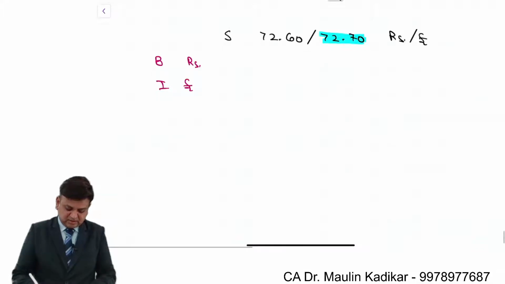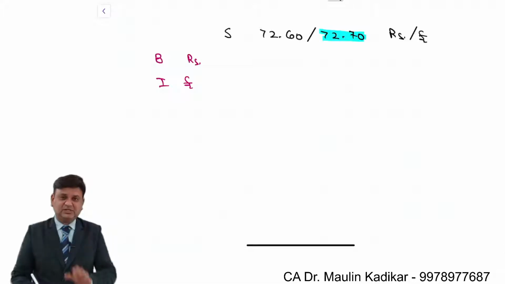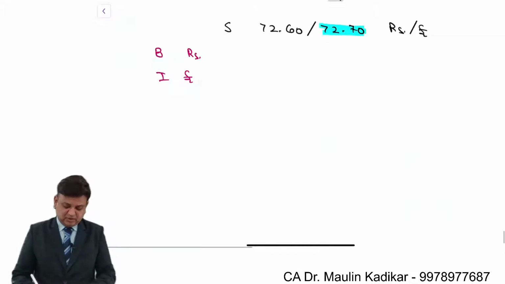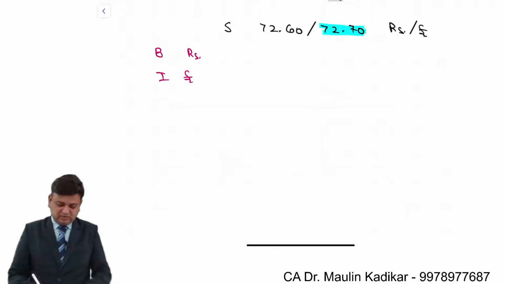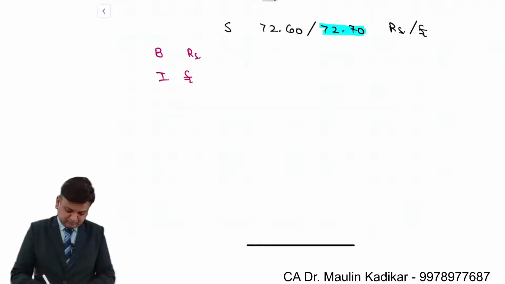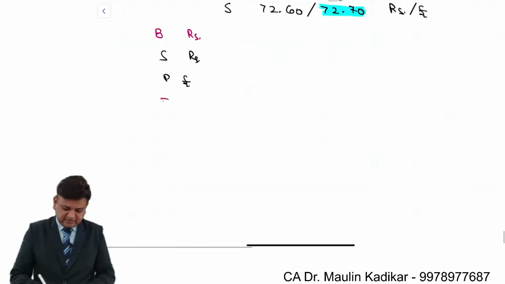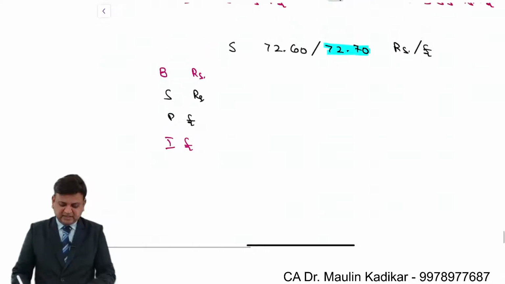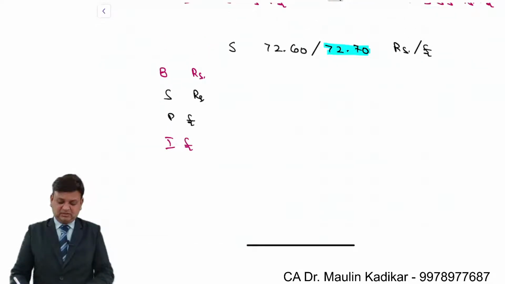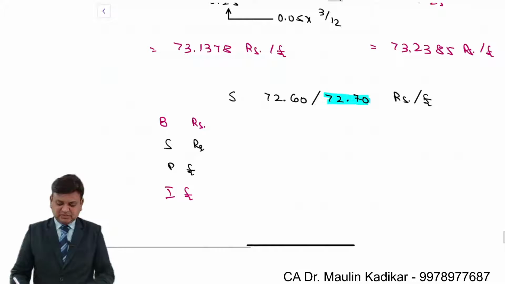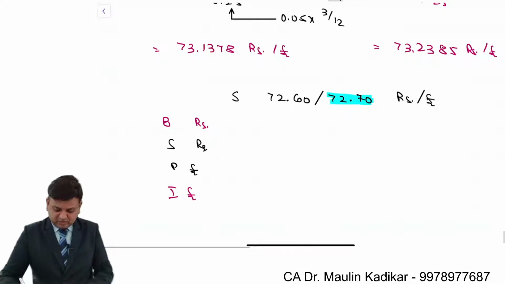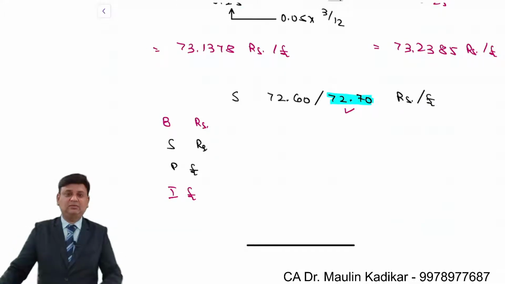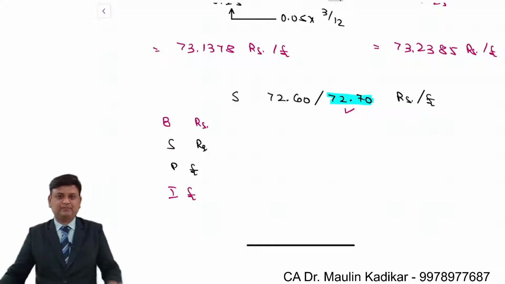This is the transaction in which he is entering upon: borrow rupees, sell rupees, purchase pound and invest in pound. These are the combination of the transaction, and in sell rupees, purchase pound, for more amount of the rupees you can get a pound.